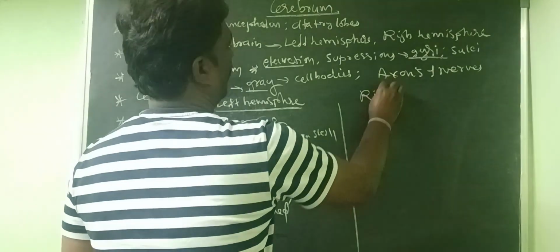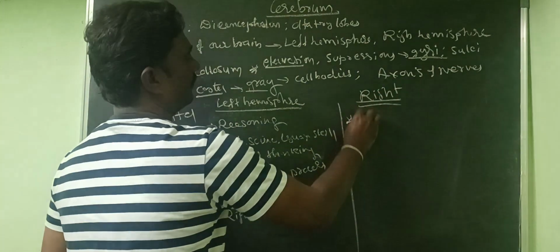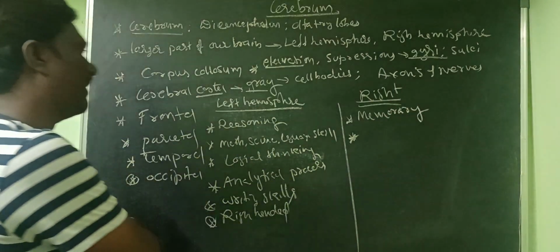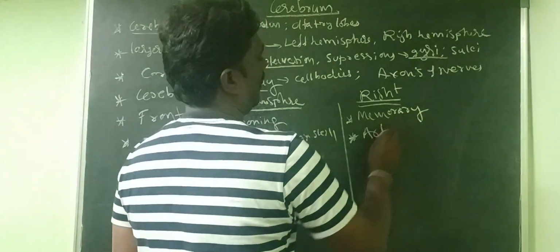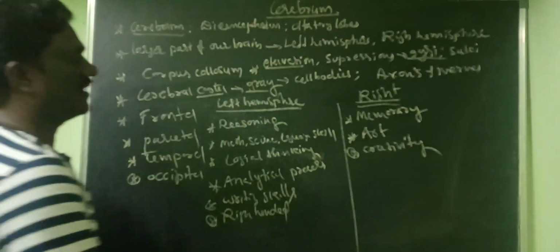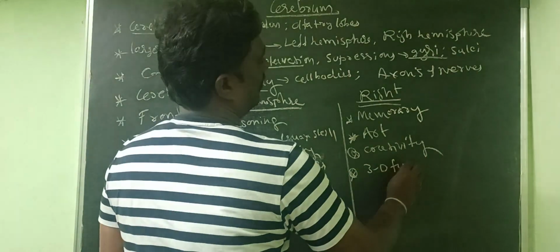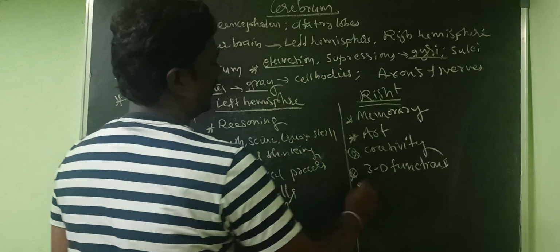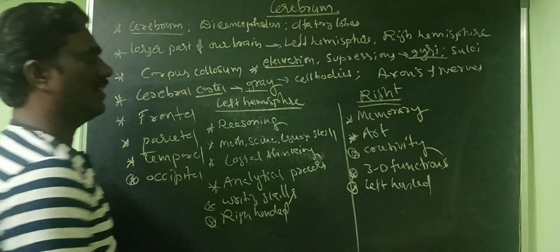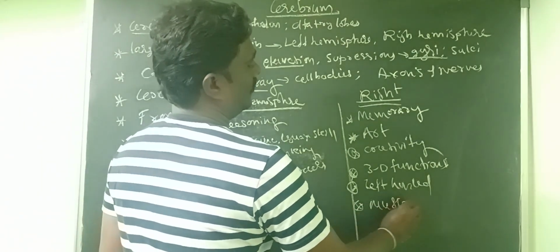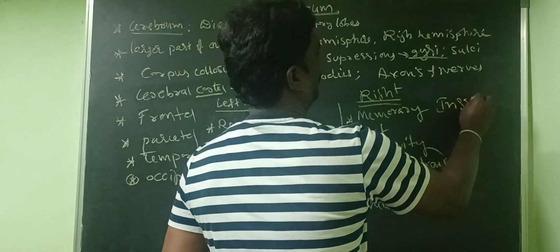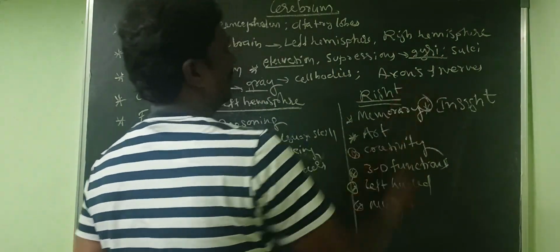Next is the right hemisphere. It controls memory, art and creativity, 3D functions, left-handed functions, and also musical perception, and insight.